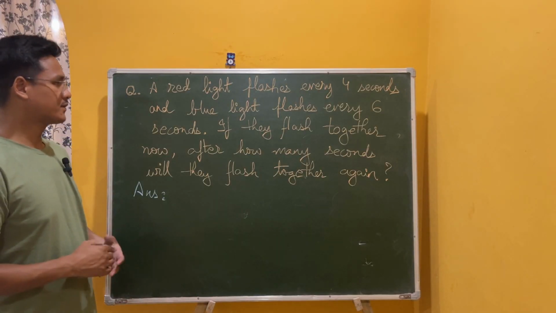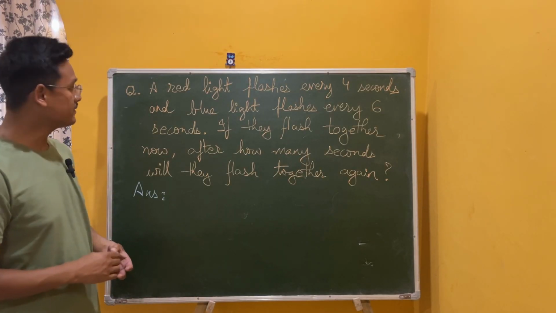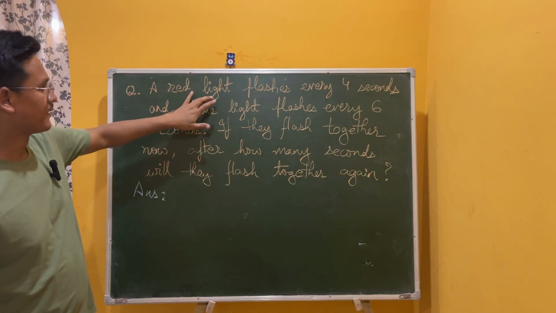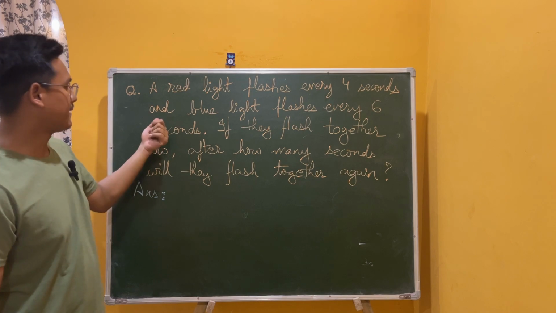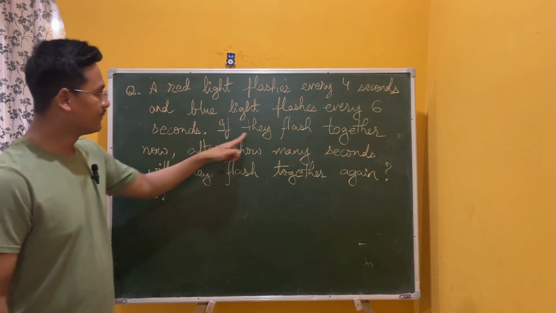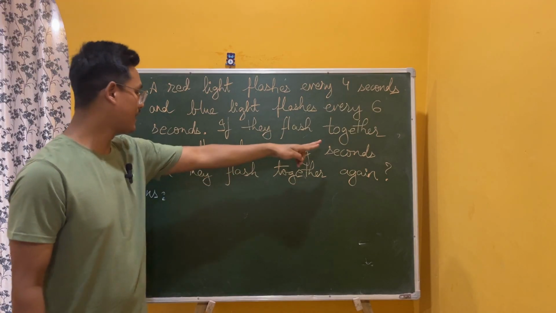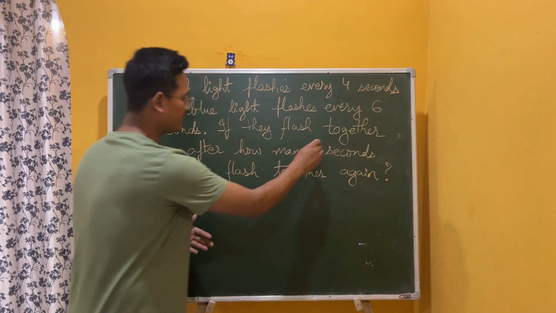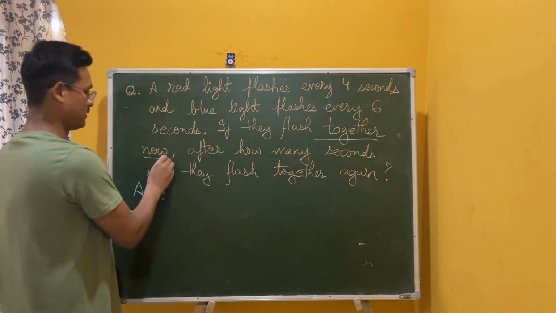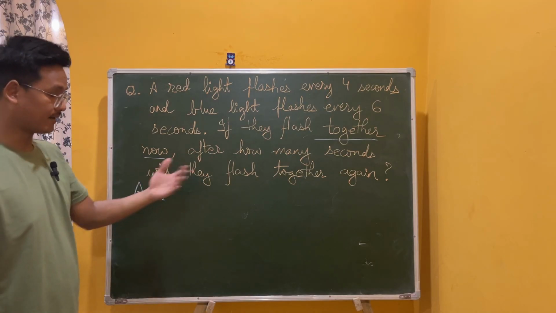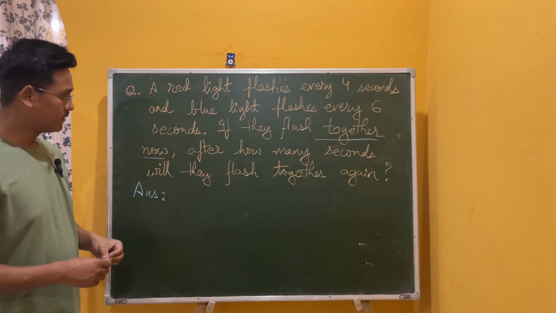Here comes our first question from LCM word problems. A red light flashes every 4 seconds and a blue light flashes every 6 seconds. If they flash together now, after how many seconds will they flash together again?